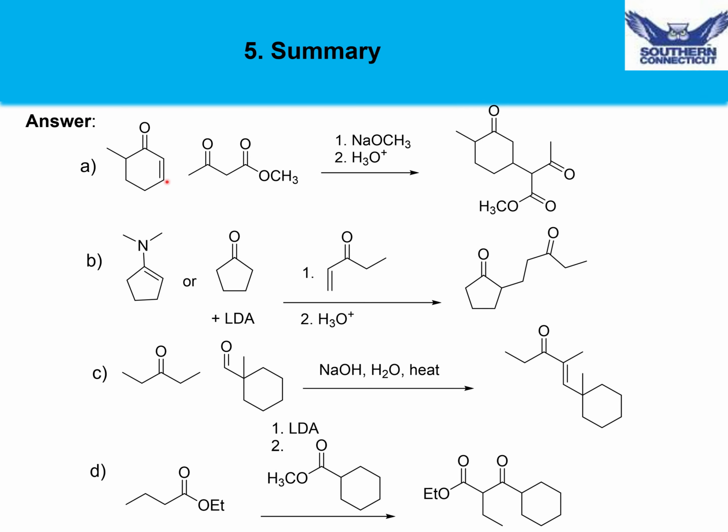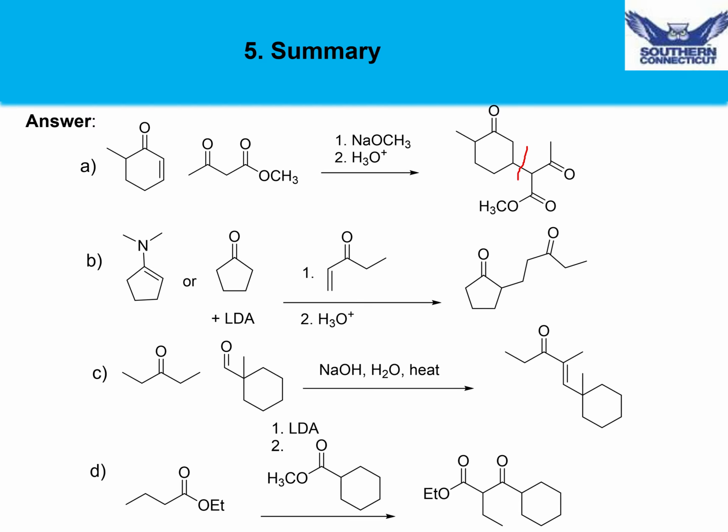The first example here on this slide is an example of a Michael reaction, and we can tell that from the fact that we're using a 1,3-dicarbonyl and an alpha-beta unsaturated carbonyl. Base would remove one of these protons in between the two carbonyls. That carbon would then attack the beta carbon of this alpha-beta unsaturated carbonyl, leading to the formation of this bond here.